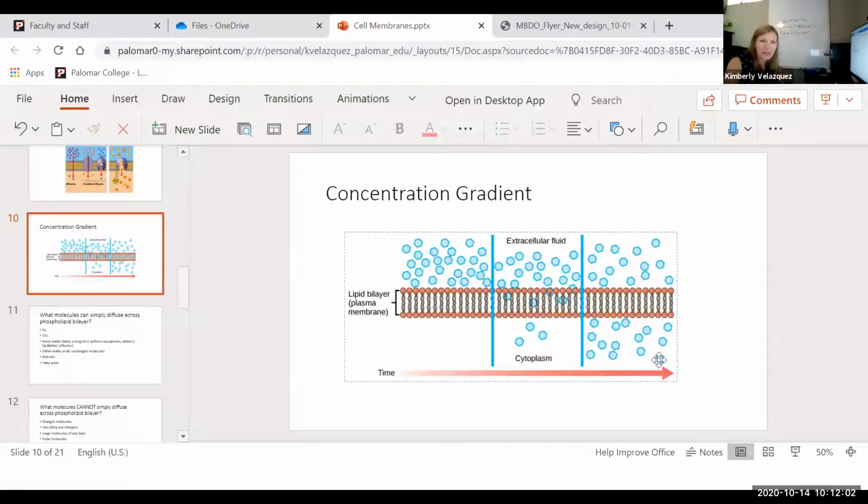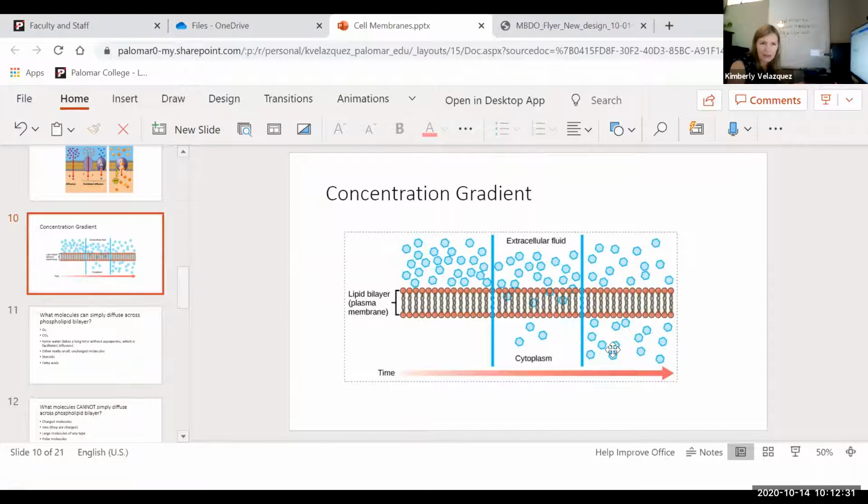We don't always want them to be equal. Okay, so if I wanted to get all of these into the cell or all of these out of the cell, I can't just count on simple transport. I'm going to have to pump to get these out. I'm not just counting on them diffusing across. So if I wanted to get all of these guys into the cell, at some point I'm going to have to move them in, and that's going to require energy.